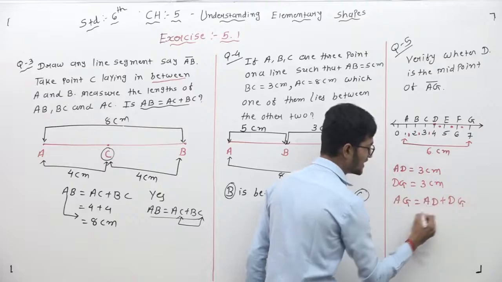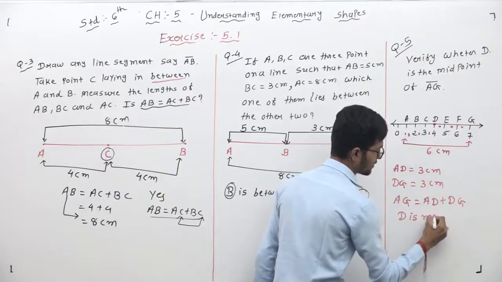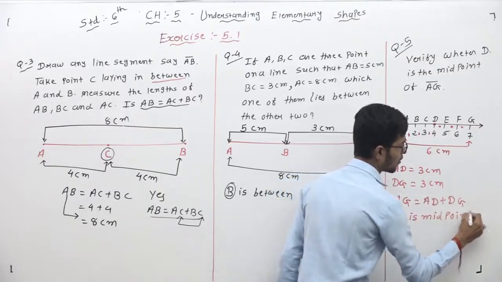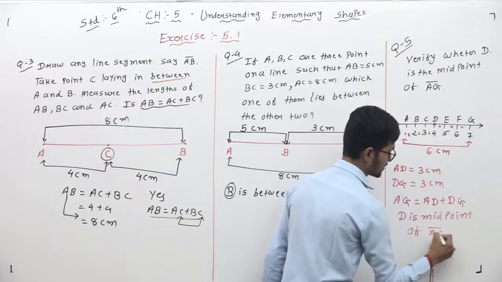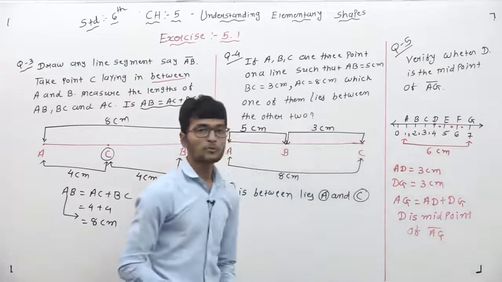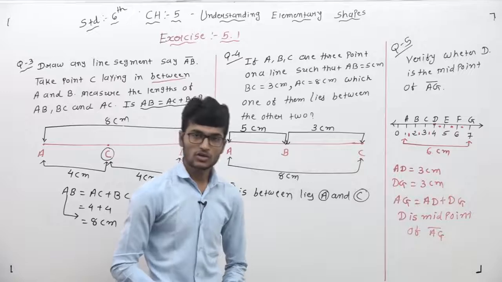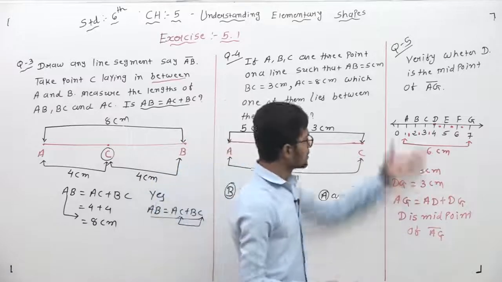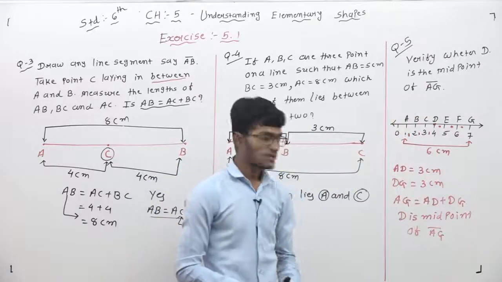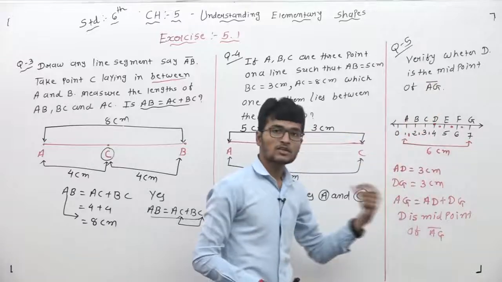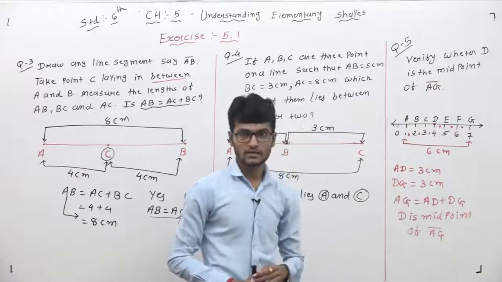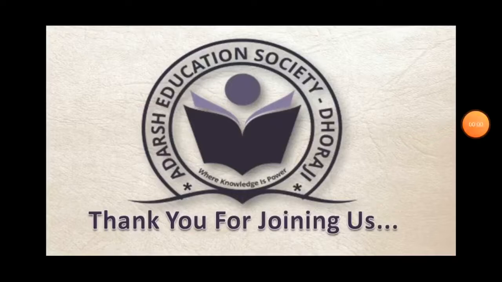It means D is the midpoint of AG. So understand how to solve these questions, and midpoint means two equal parts. Understand? Okay. Thank you for joining us.